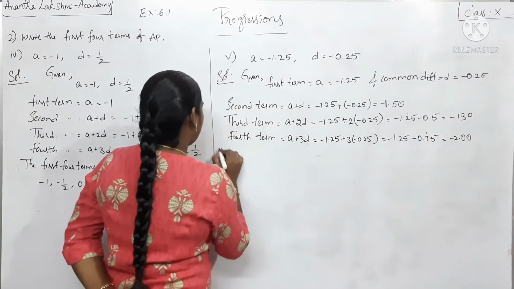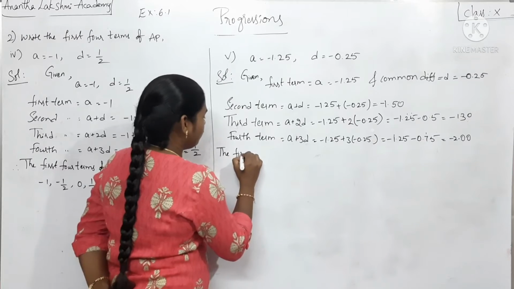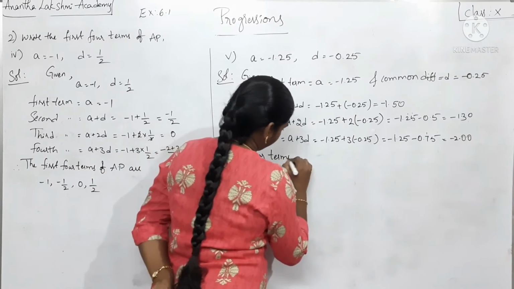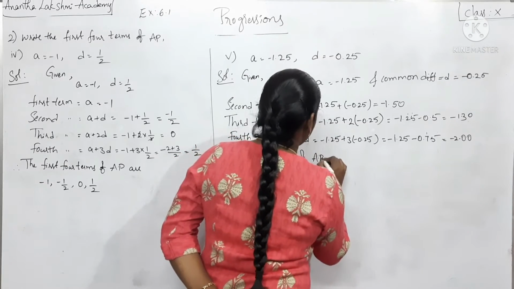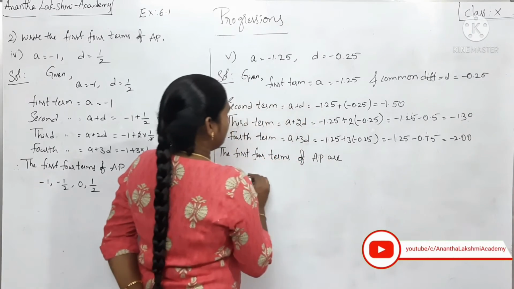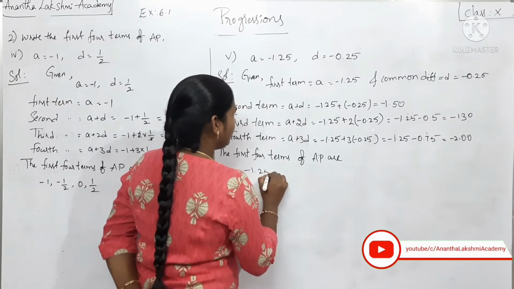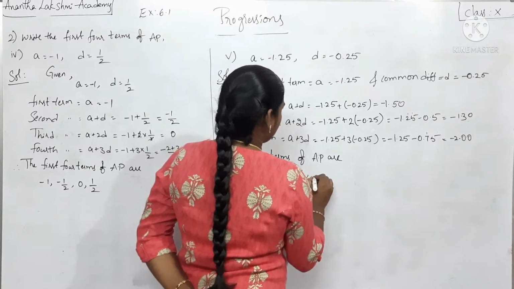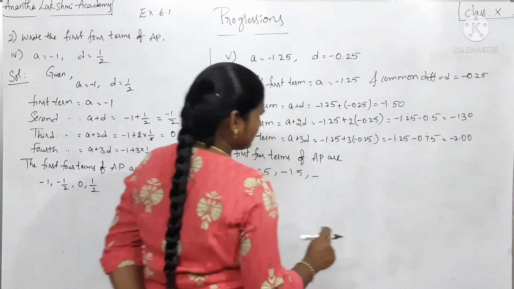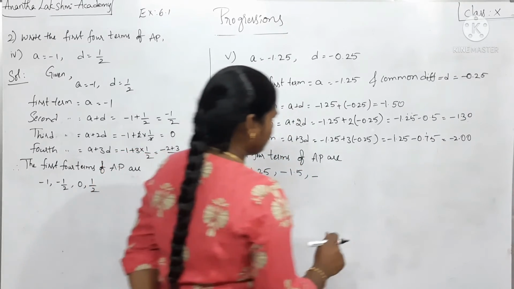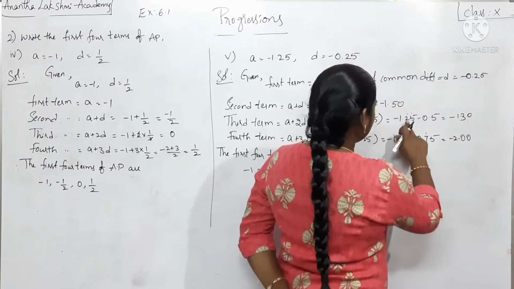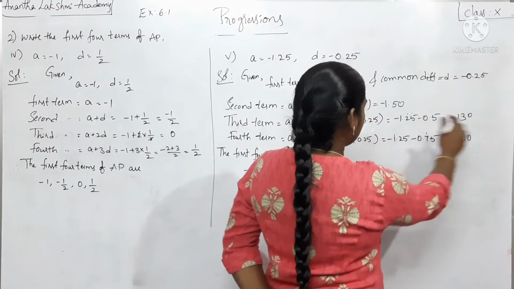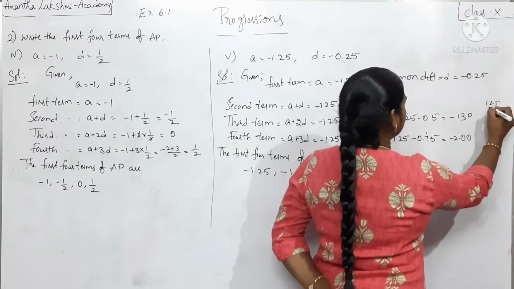So the first 4 terms of the AP are minus 1.25, minus 1.5, minus, hold on, this is going to be, okay, 1.25 and this is 0.5, right?